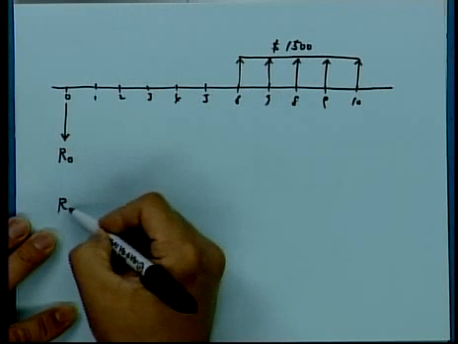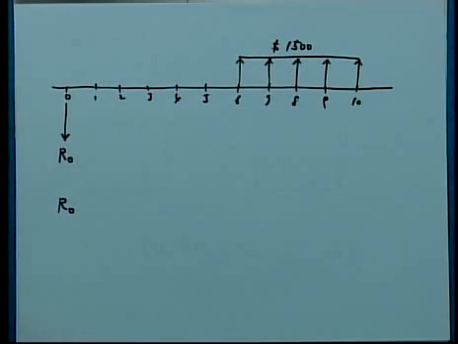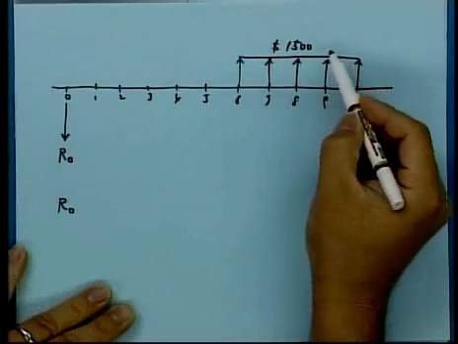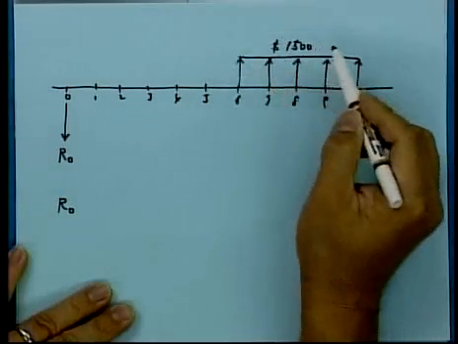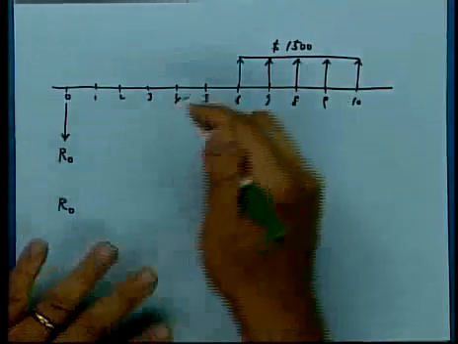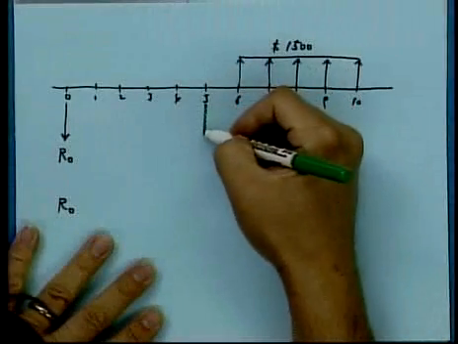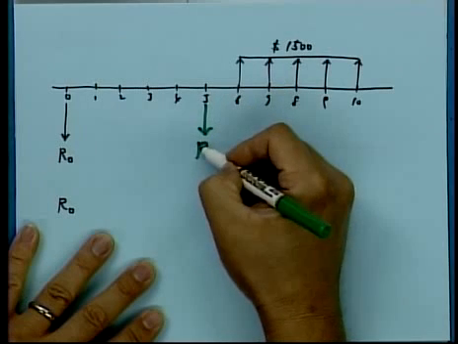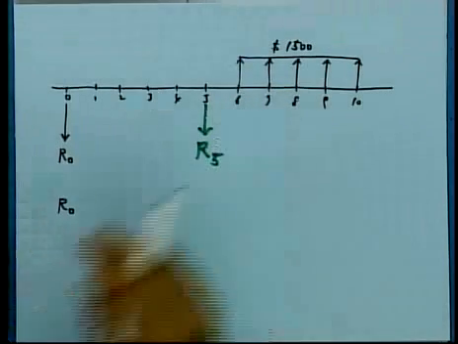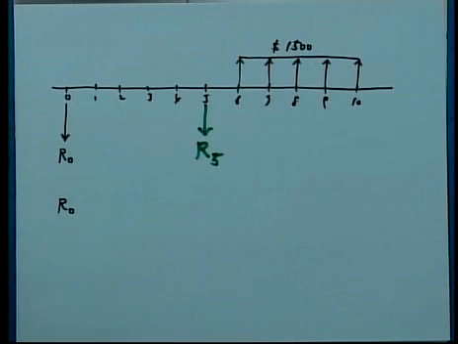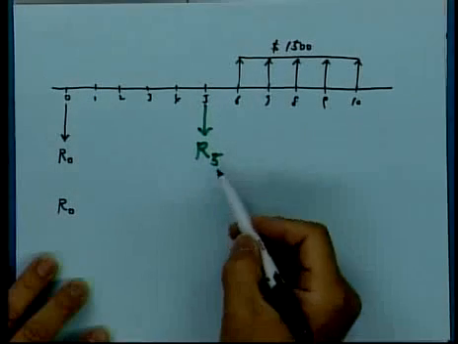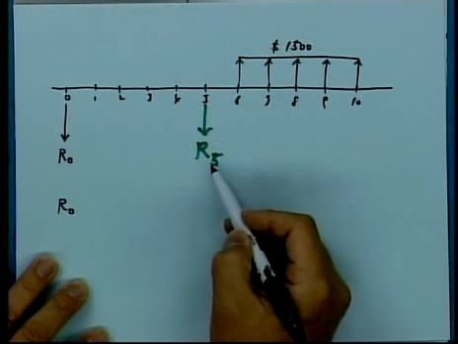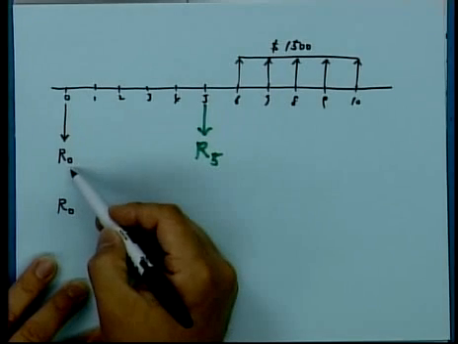In order to compute R sub 0, first we compute the present worth of this uniform series of $1,500 at the end of period 5. So let's say here we have R sub 5. So we compute R sub 5 and then convert it to R sub 0.